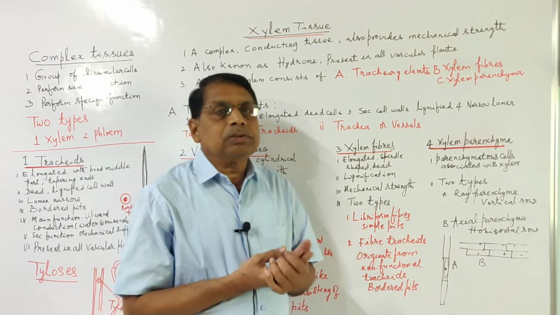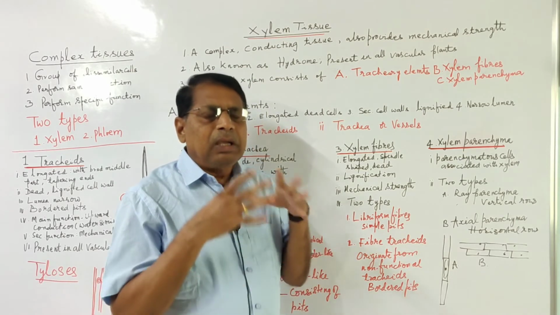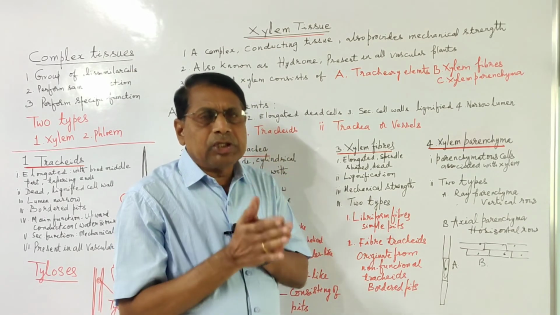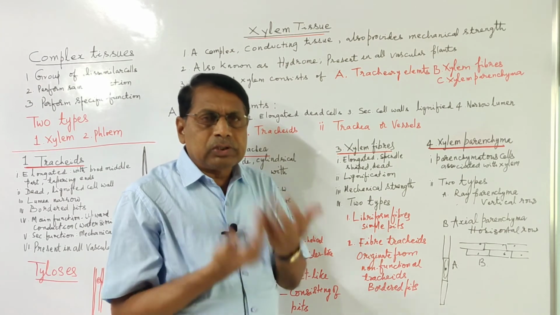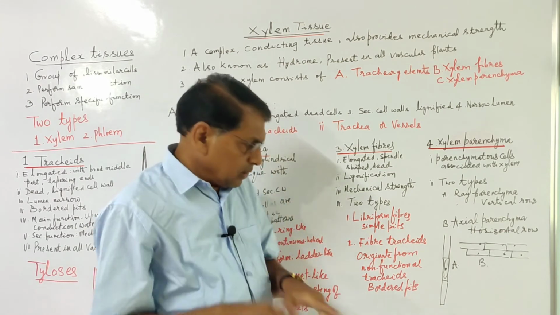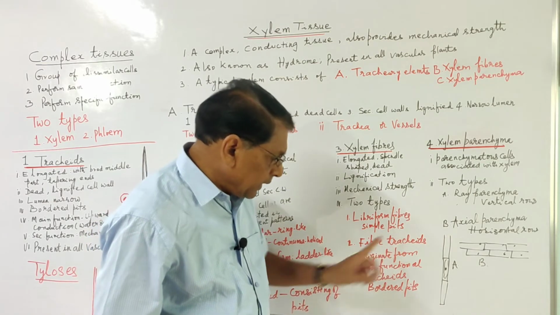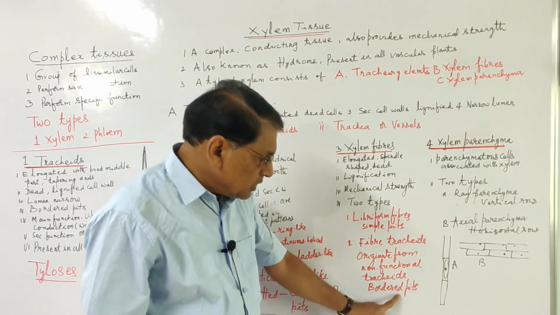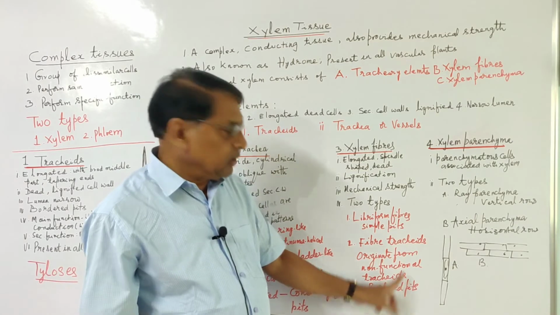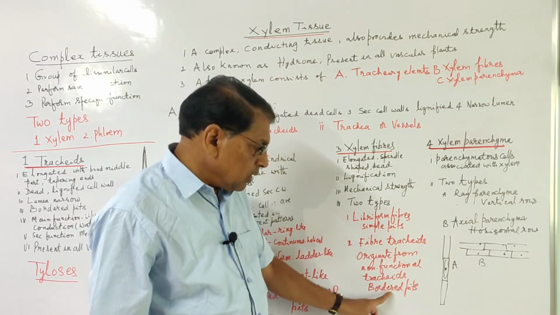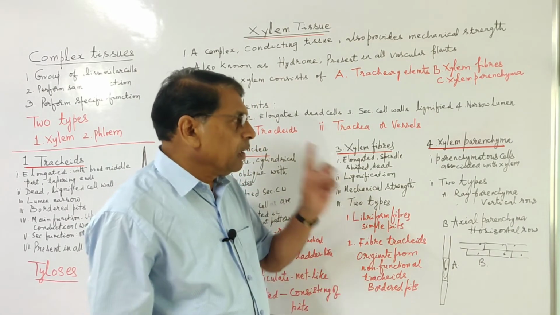Sometimes the tracheids become non-functional because of excessive pressure or excessive stress. Such type of fibers are called fiber tracheids. They consist of bordered pits. Libriform fibers consist of simple pits, these are bordered pits.